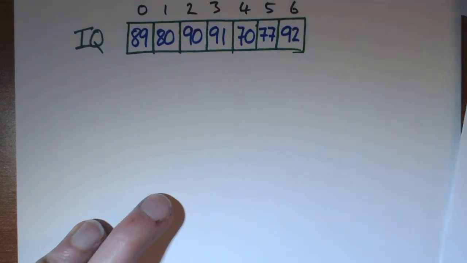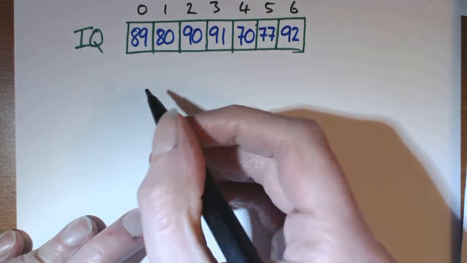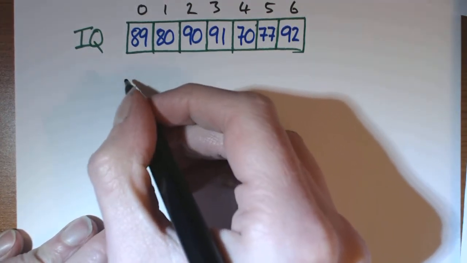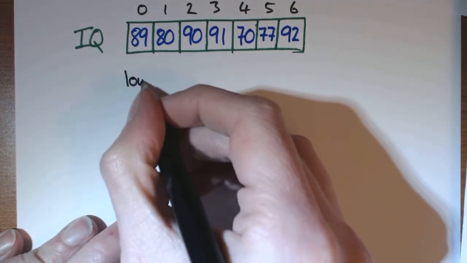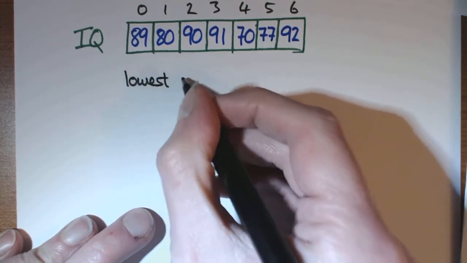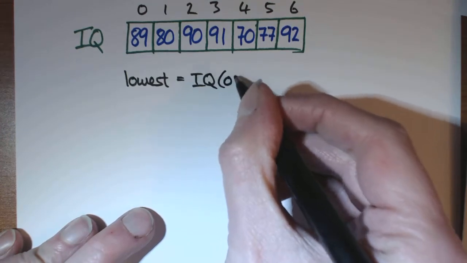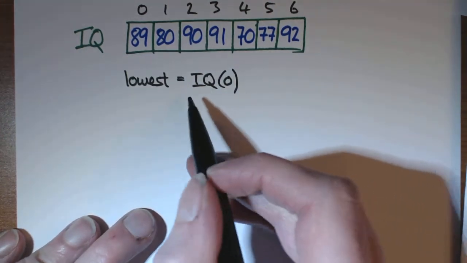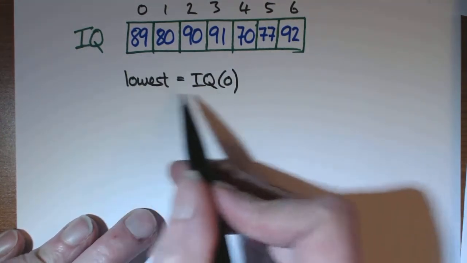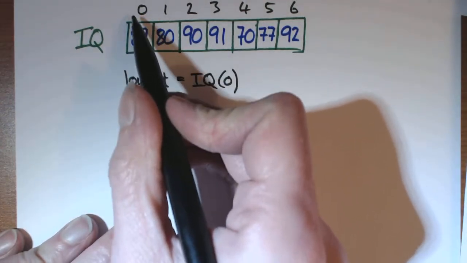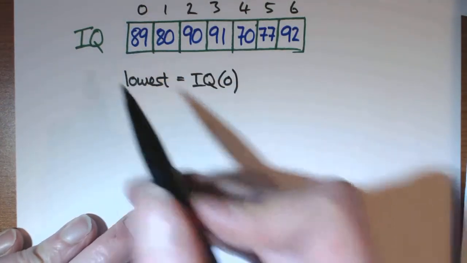And the first line of code is we'll call it lowest. Okay, so we'll just say lowest equals IQ 0. So essentially what we're saying here is set lowest to the element at index 0 in this array.